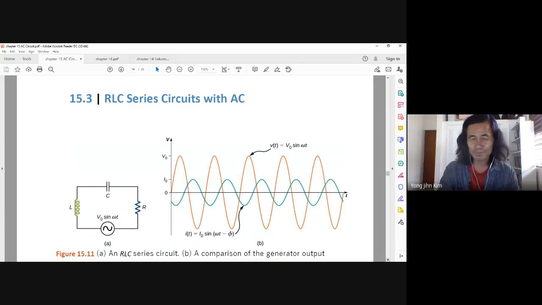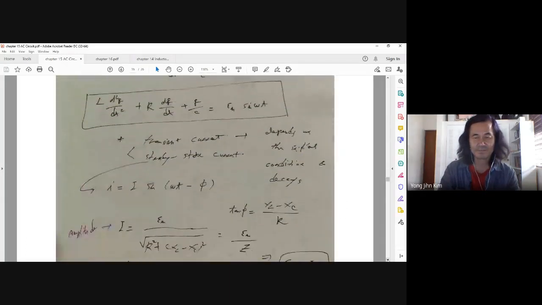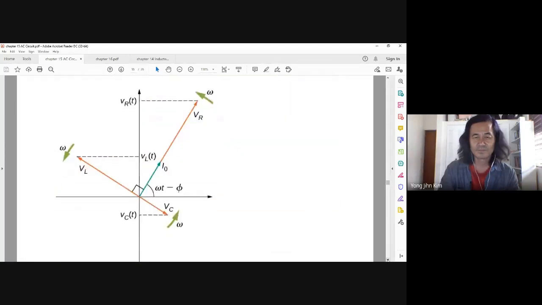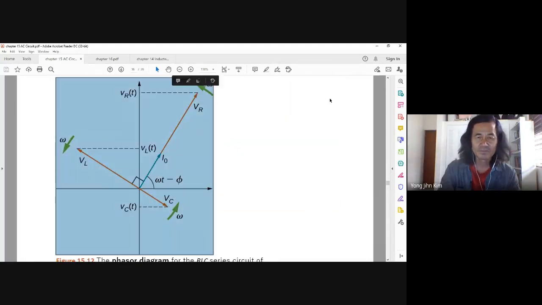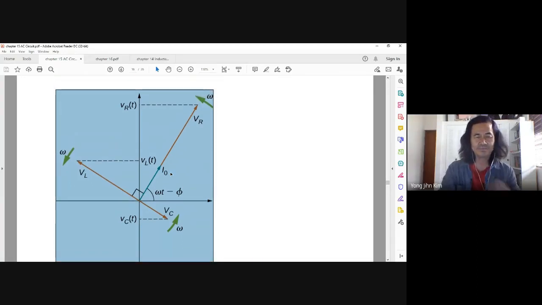To solve this problem, we use the phasor technique. You remember we assumed that the current has the angle omega t minus phi. So this is the current phasor.